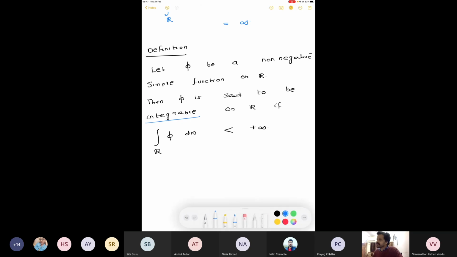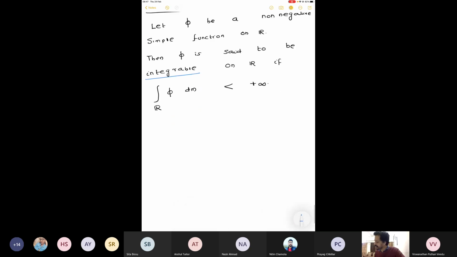Okay. Now, so far we were integrating simple functions, to be precise, non-negative simple functions, only over the entire R. Now, suppose you are interested in integrating over some subset of R. We are heading towards that. So let us make an observation first.